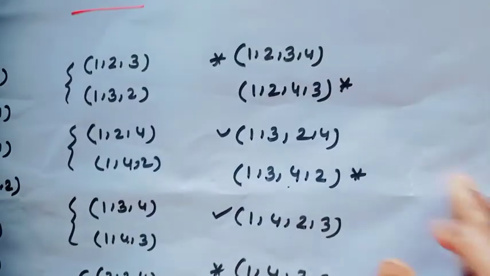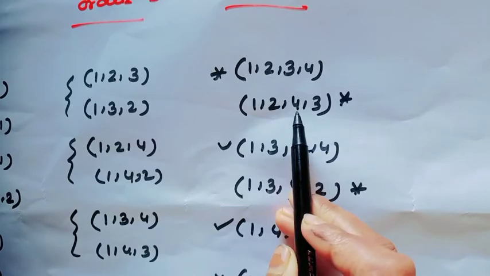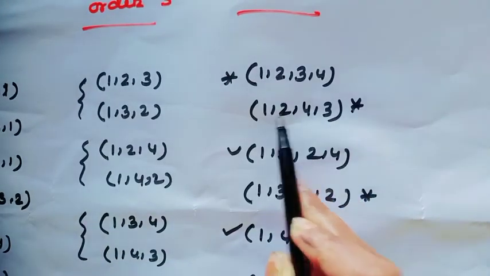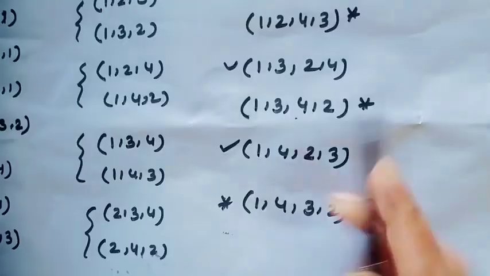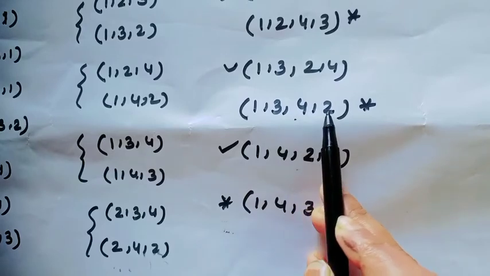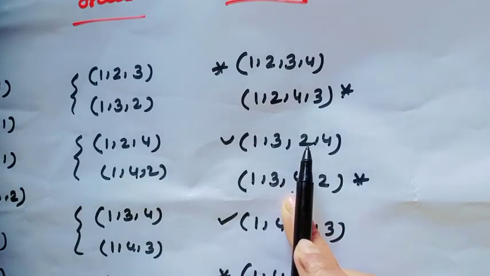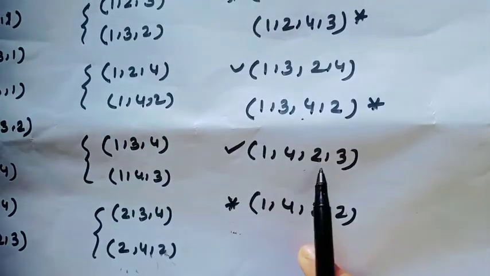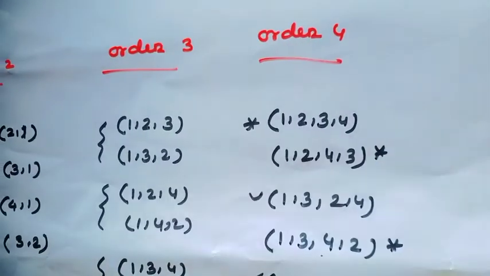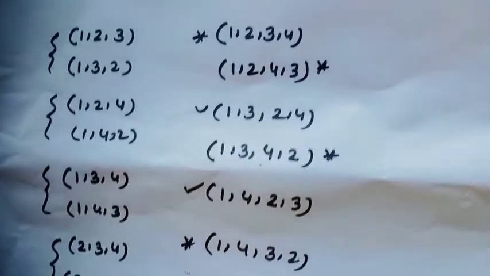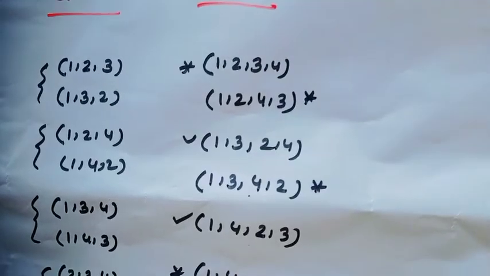Similarly, for this cycle, the inverse is this. And for this cycle, the inverse is this. And these are all the 4 cycles of order 4 in S4.